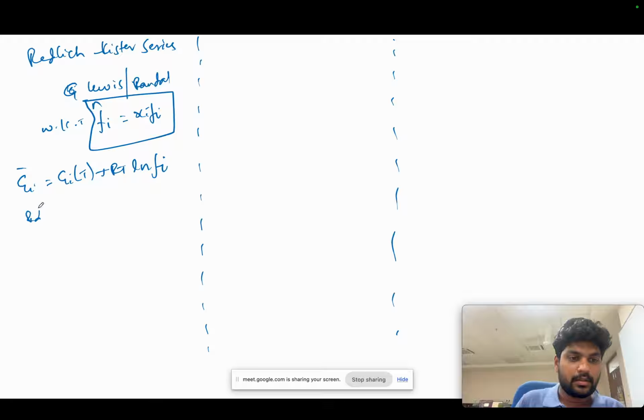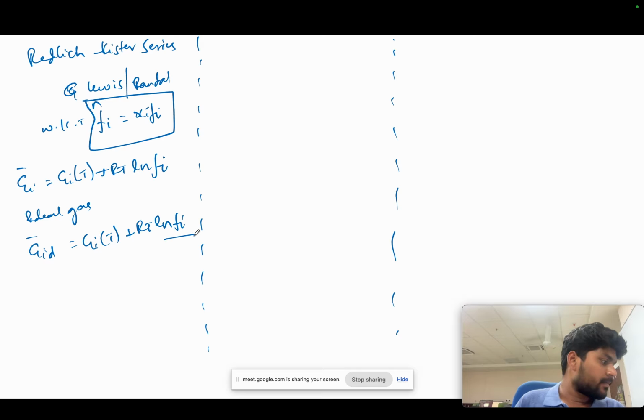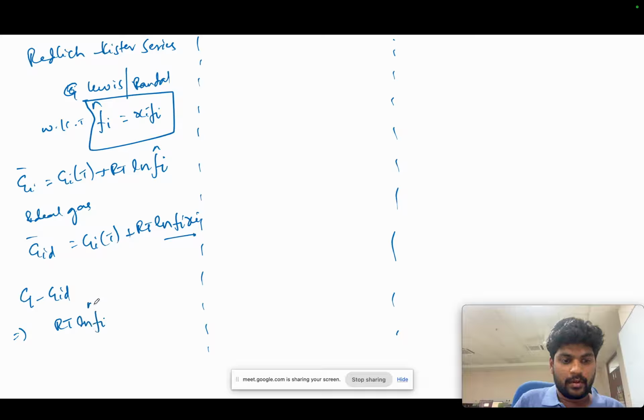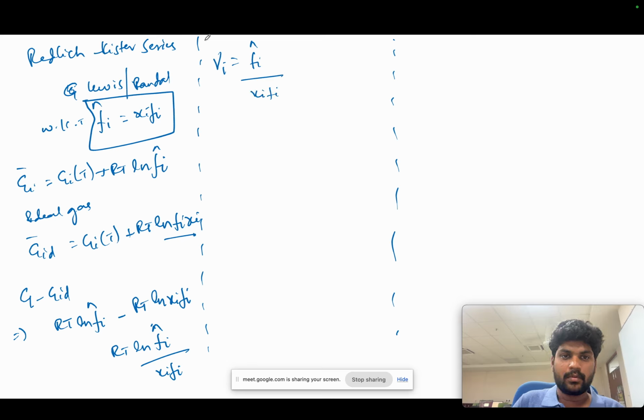So if I take the ideal gas situation, it will be, so now G minus G ideal equals RT ln of F1 cap minus. So any doubts up to here?